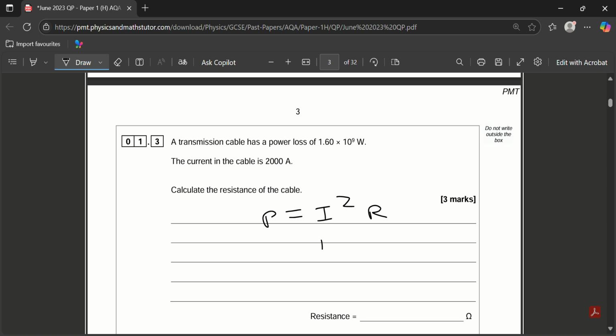So we can arrange for resistance as P over I squared, which would be 1.60 times 10 to the 9 all over 2000 squared. Throw it into our calculator, and our resistance would come out as 400 ohms.